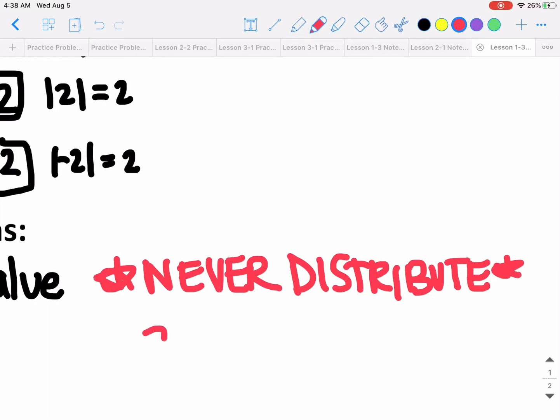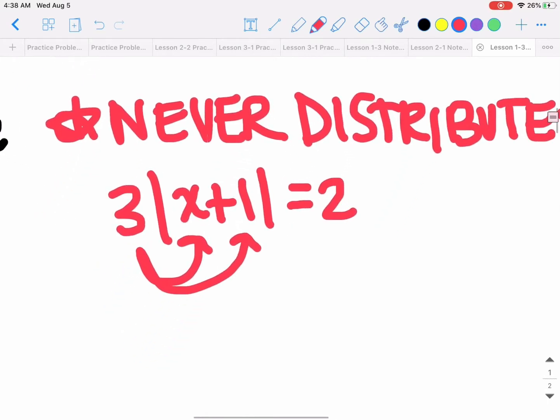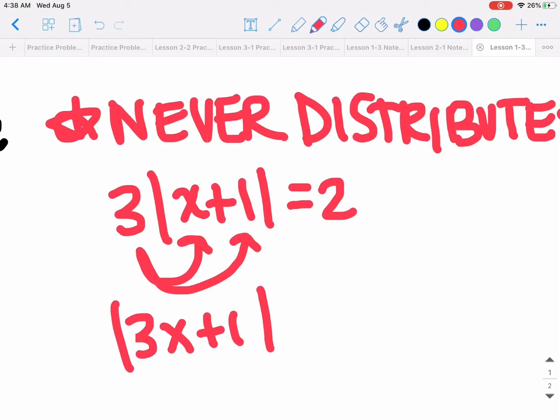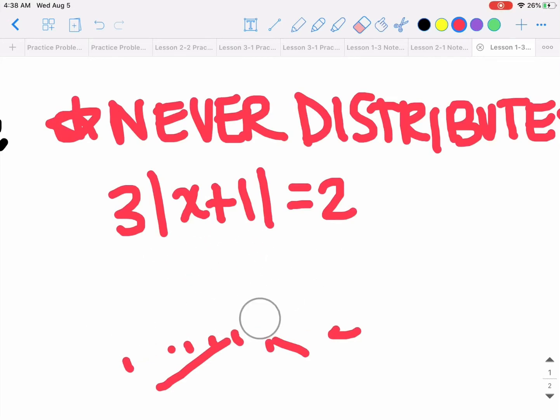If I have an equation that looks like this, 3 times the absolute value of x plus 1 is equal to 2, I am never, ever, ever going to distribute that 3 into the absolute value bars. So I never want to write the absolute value of 3x plus 1 is equal to 2. What I want to do instead is isolate that absolute value.